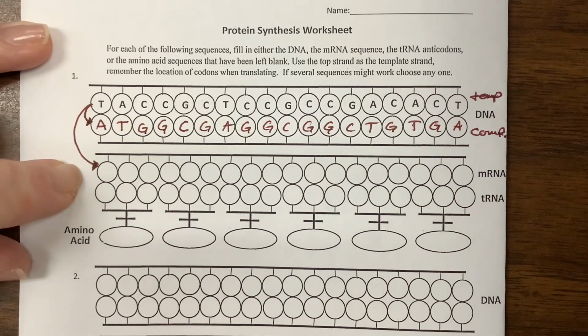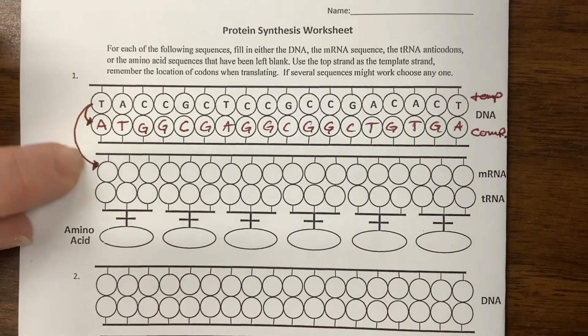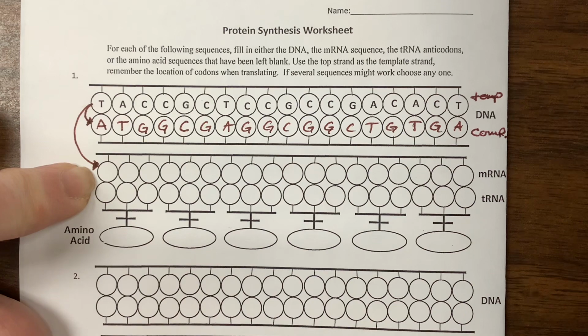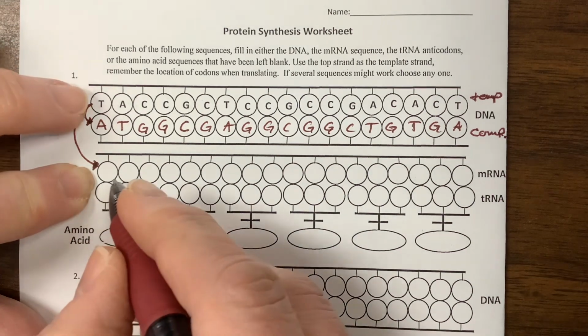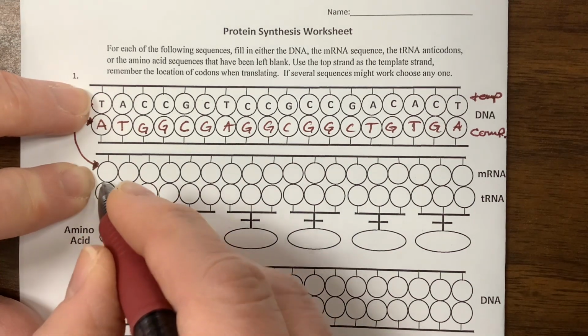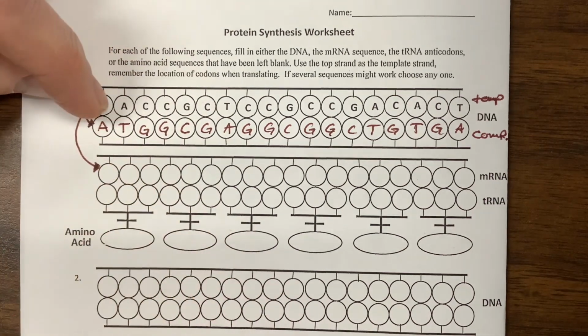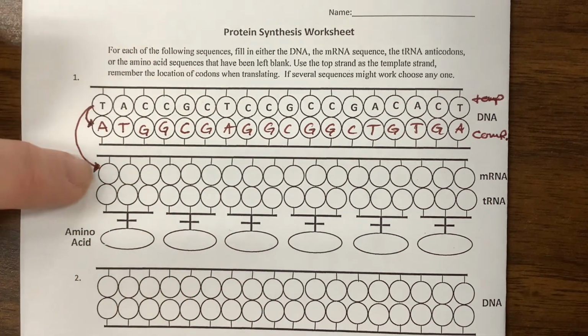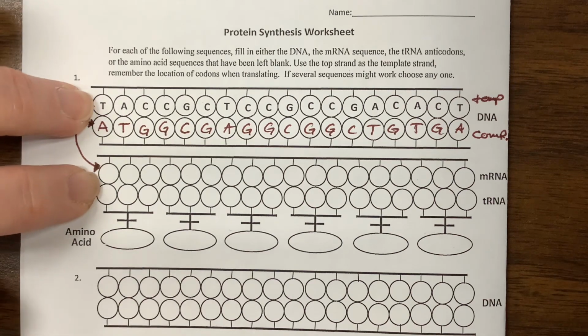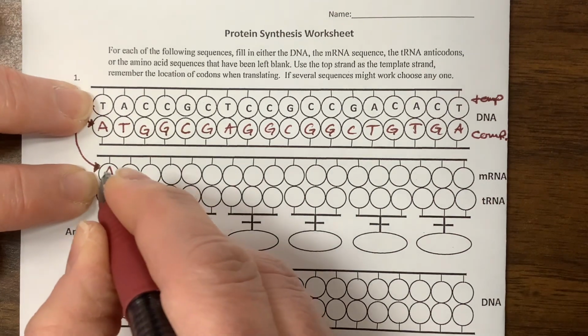And then the next thing we're going to do is we're going to make sure we know what our mRNA code is, okay? So across from a T, if I open up this DNA strand and use my template to make my mRNA, across from the T I'll have to have an A bound to it.